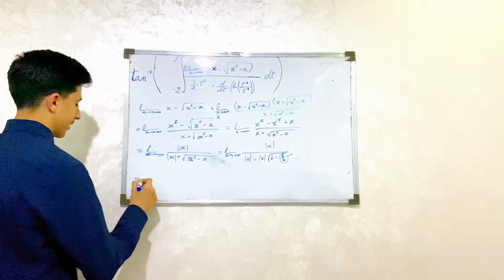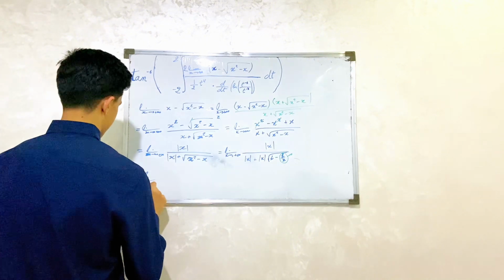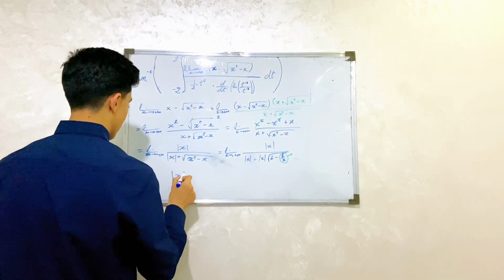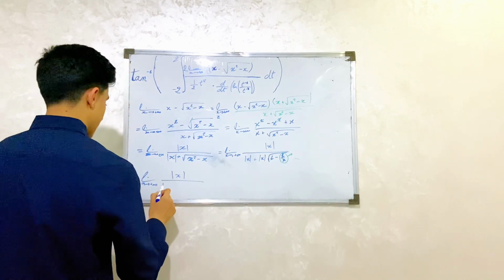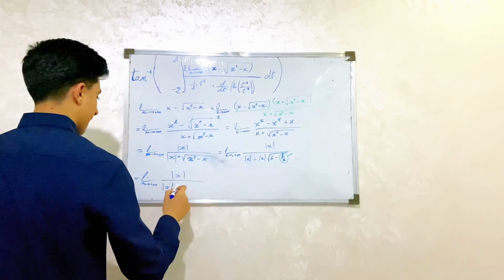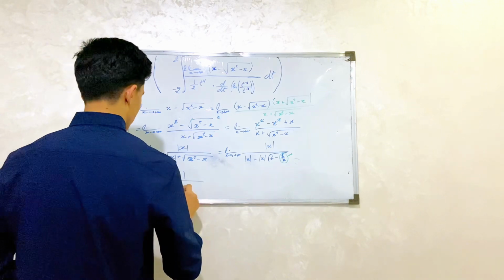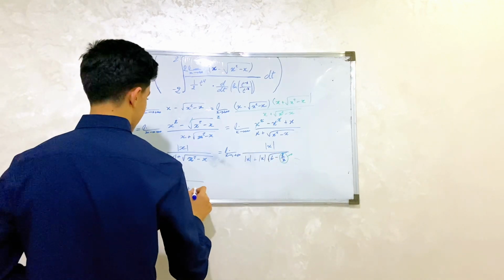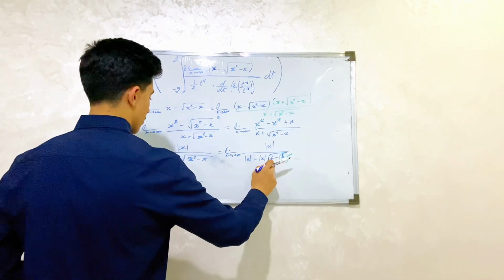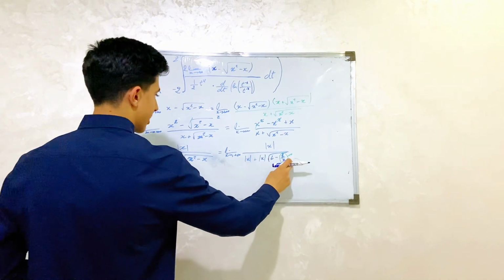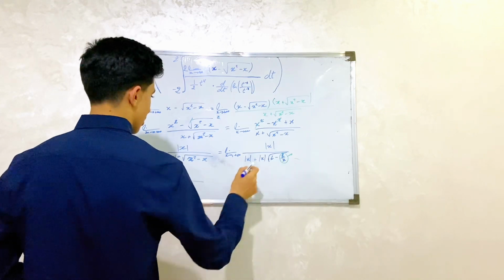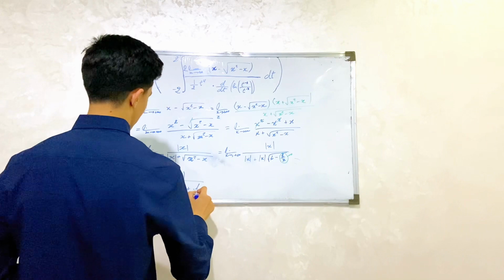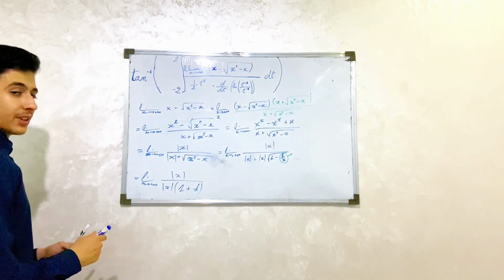So we have the limit as x approaches positive infinity of the absolute value of x over the absolute value of x factor 1 plus this. This is 1 minus 0. We can just rewrite the square root of 1 minus 0, which is the square root of 1, which is 1. So yeah, this is what we have here.